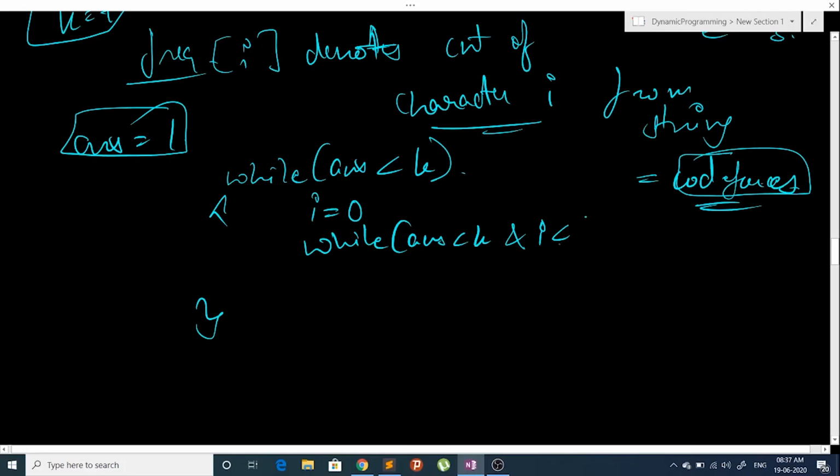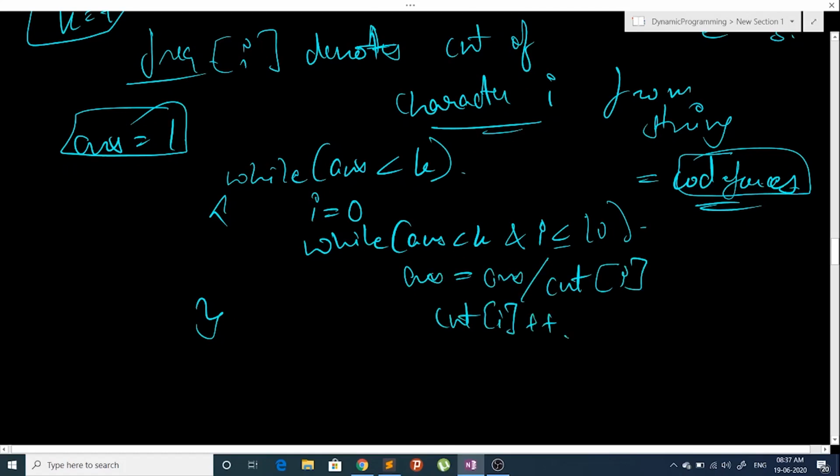So while i is less than 10, I will change my answer to answer divided by count of i, and then I will increase my count, and then again multiply my answer with this count, and then I will increase my i.